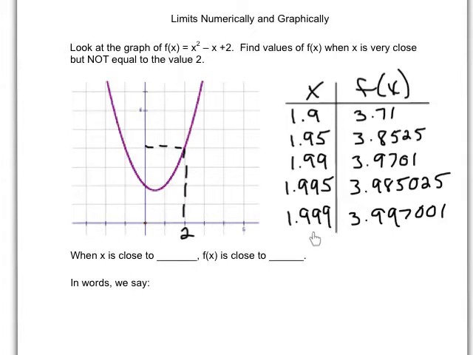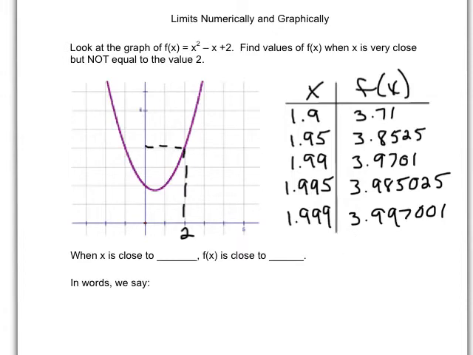I'm not quite at 2 yet, but for each of these values I have a slightly different y value. If you look at them, they're increasing and increasing to where it looks like as x is practically 2, y is practically 4. So this is a numerical example when you look at the table of values.